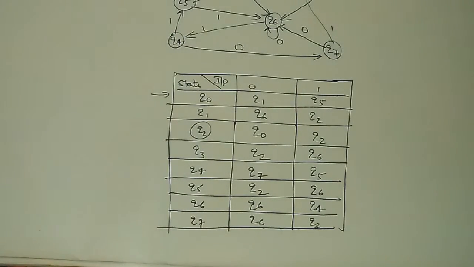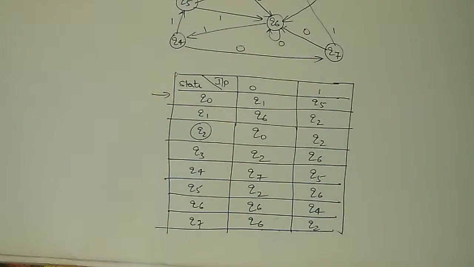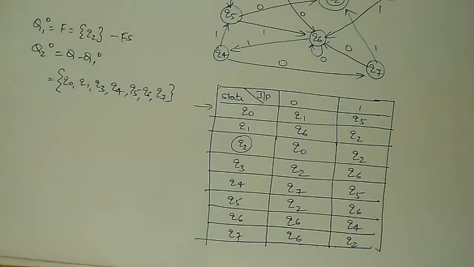So how do we do this problem? First, we need to check the final state. We can have more than one final state, that doesn't matter. A final state is one set and the remaining states are another set. So let us divide into two sets. Q1 of 0 equals F, as I said, we make the final state one set and all the remaining states another set.